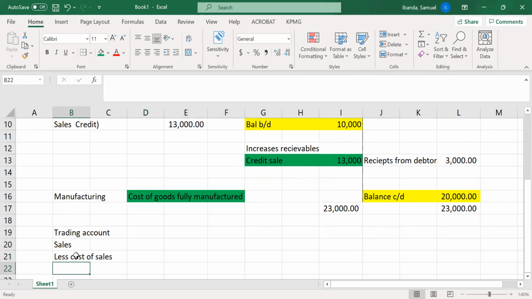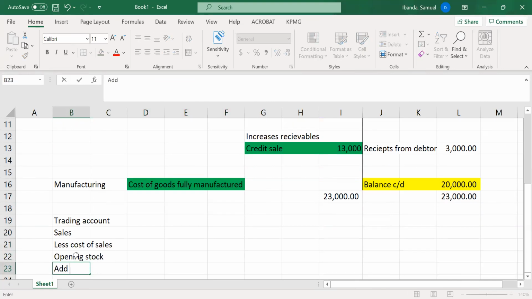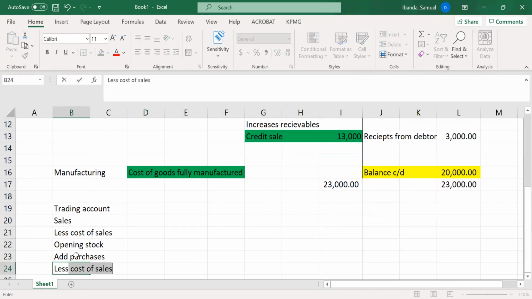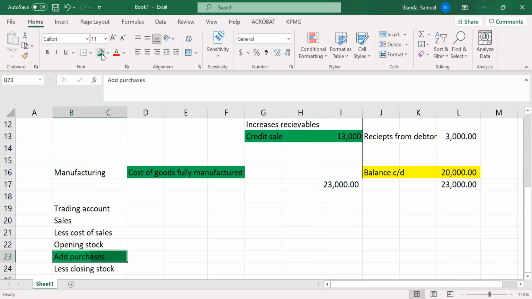Now, we know very well that our cost of sales is calculated by doing opening stock, add purchases, which is the generic one that all of us know, and less closing stock. But when it comes to a manufacturing company, we don't have this so-called add purchases. Reason why? Whatever we sell, we don't purchase.